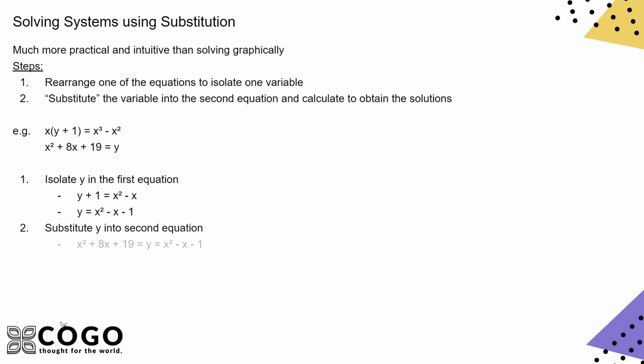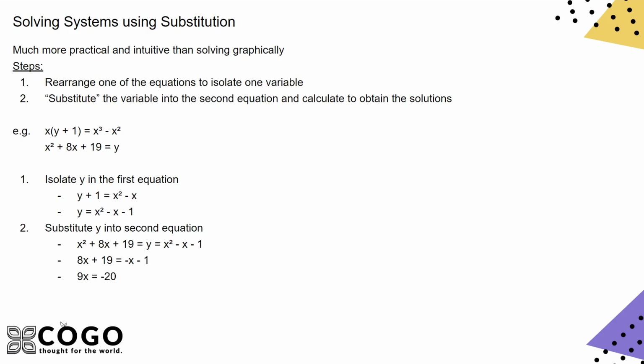Next, we would substitute y into the second equation. If we do this, we will come up with the equation of x squared plus 8x plus 19 equals y, which equals x squared minus x minus 1. In this case, y is substituted by x squared minus x minus 1, so make sure that you don't write the y into the equation. If we simplify this, we would come up with 8x plus 19 equals negative x minus 1.